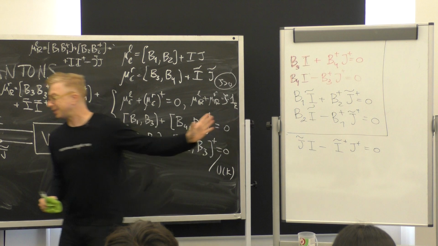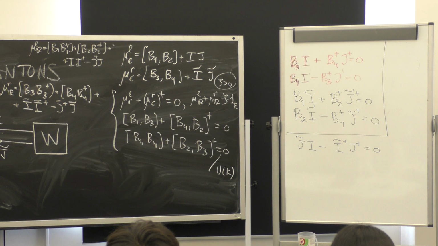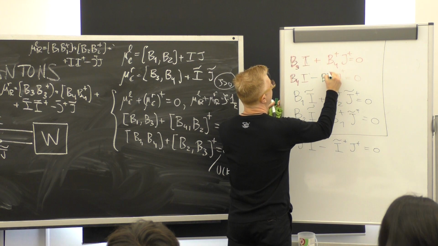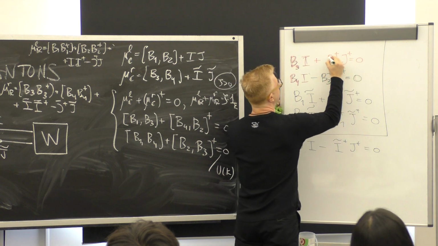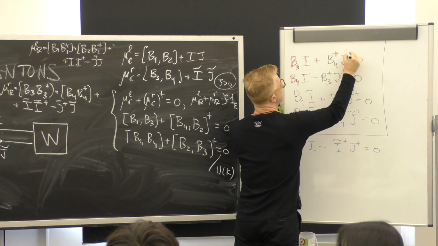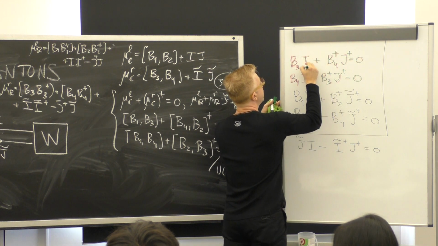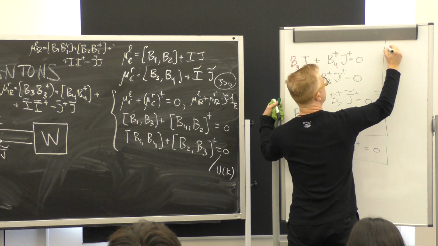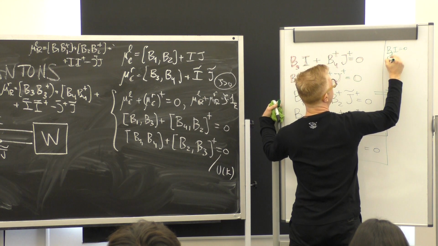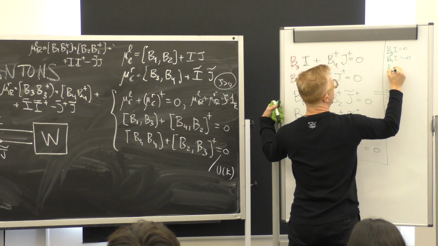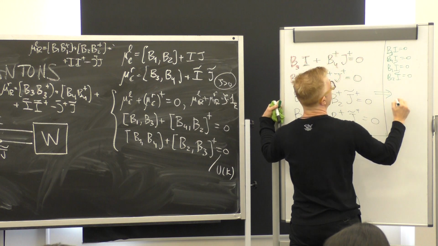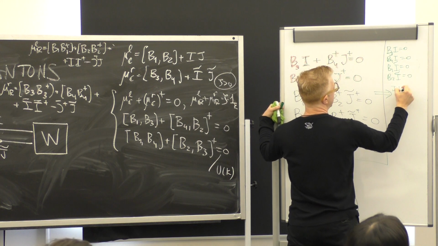I say the words forbid and doesn't like and so on, but these equations don't seem to be that harsh. However, if you take the squares, open brackets, and simplify things, you will find that these equations actually imply that B3 I is equal to 0, B4 I equals 0, B1 I tilde is equal to 0, B2 I tilde is equal to 0, and so on.